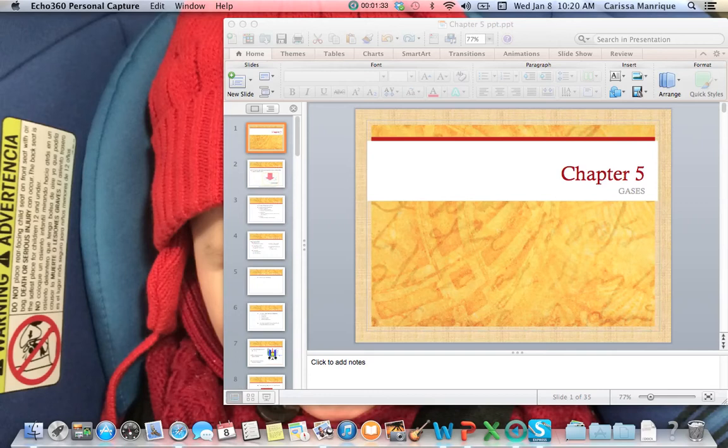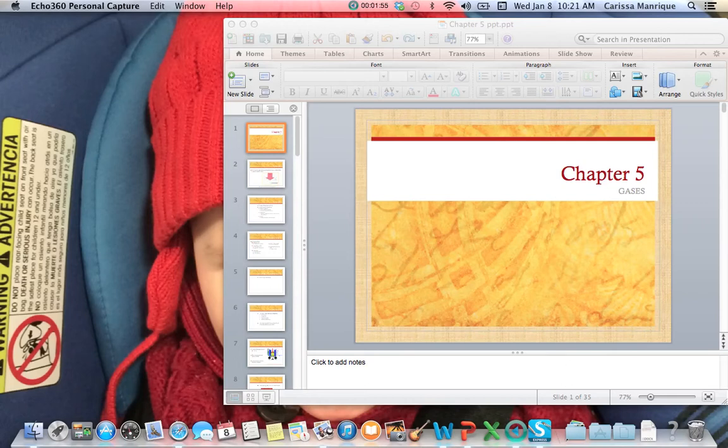It takes the shape and volume of its container. If I put a gas in a 10 milliliter beaker, it'll have a volume of 10 milliliters. But if I put that same gas in a 100 milliliter beaker, it'll then have 100 milliliters because it expands. It's expandable, unlike solids and liquids.